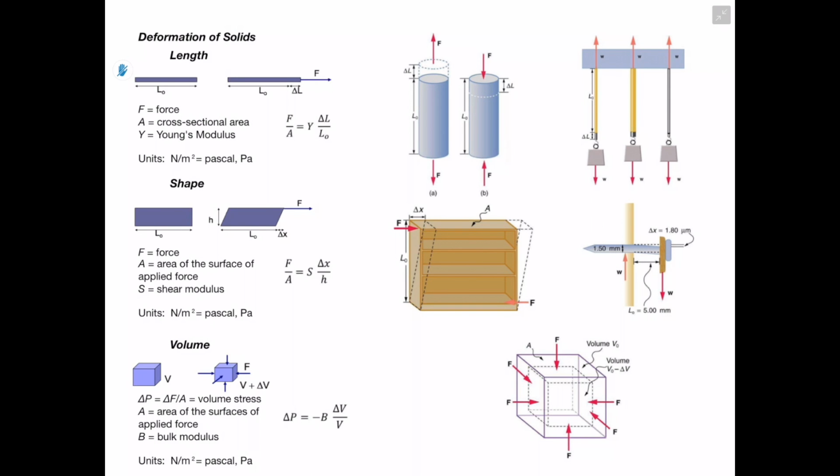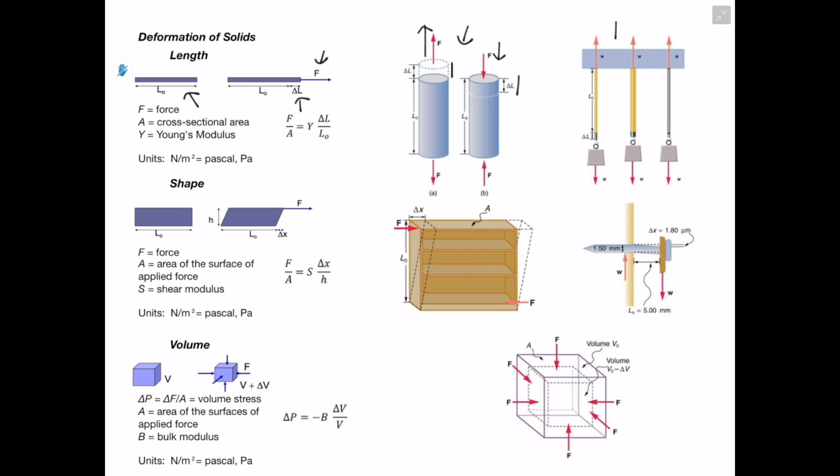Alright, next we're going to be talking about the deformation of solids. Starting off with length, in this example here, we initially started off with an L naught, so some certain length, and after applying this force, we have increased our length by delta L. We can also see in this example that we can apply a pulling or tension force, which is going to increase our length, or we can apply a compressive force, which is going to decrease our length.